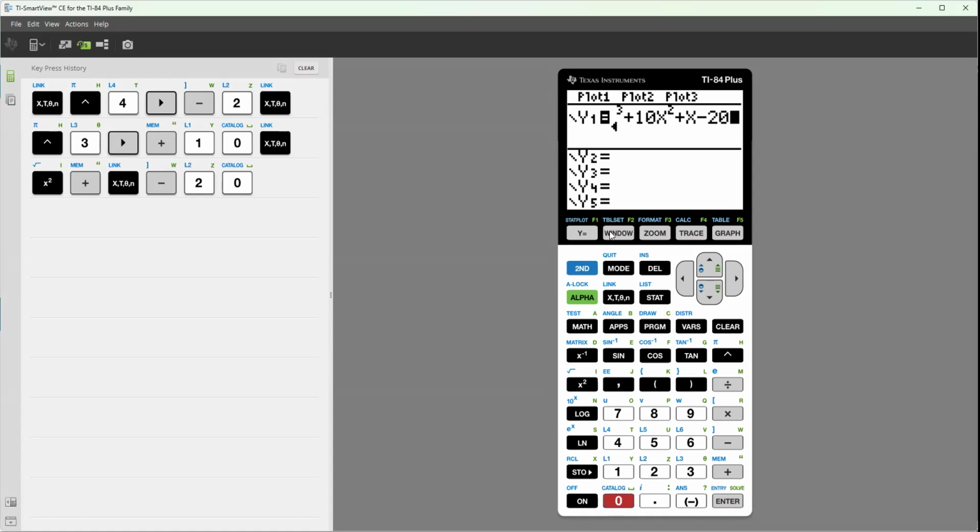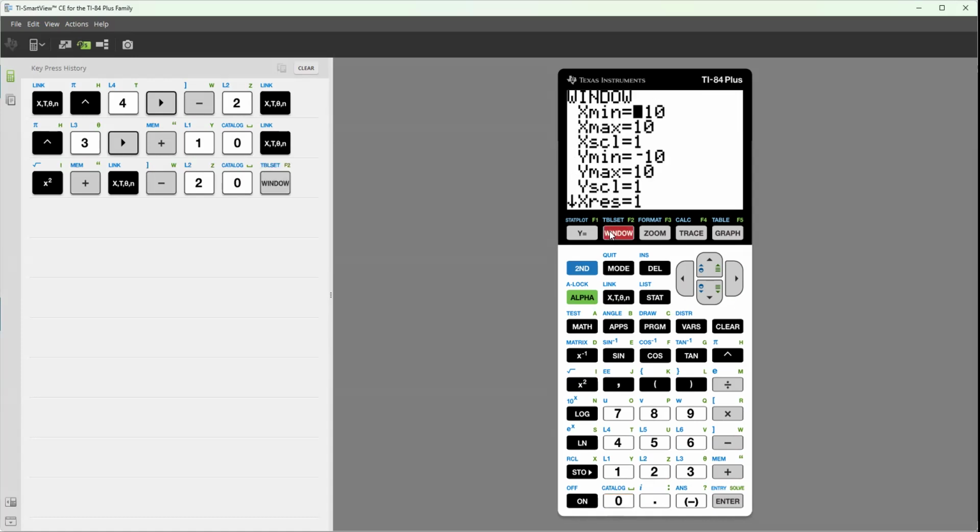Now, you're going to go to window. -5 and 5 are the minimum and the maximum x's. So we'll make that a -5, enter, and then a 5, enter.